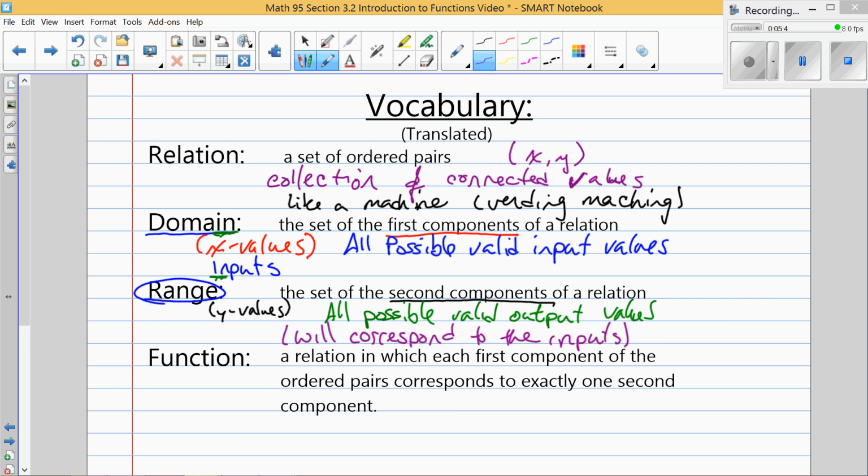The last word we want to define on this page is a function. A function is a type of relation. It is a relation, but it's a relation in which, now bear with me here, each first component of the ordered pairs, these are x values, each x value corresponds to exactly one second component.